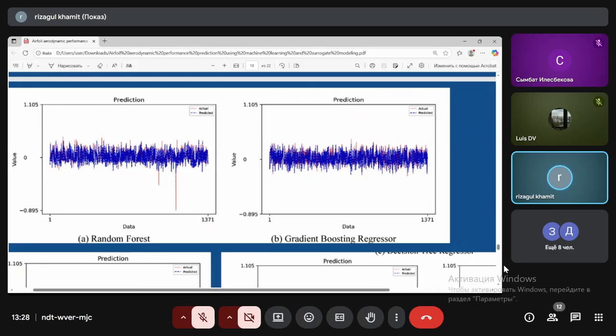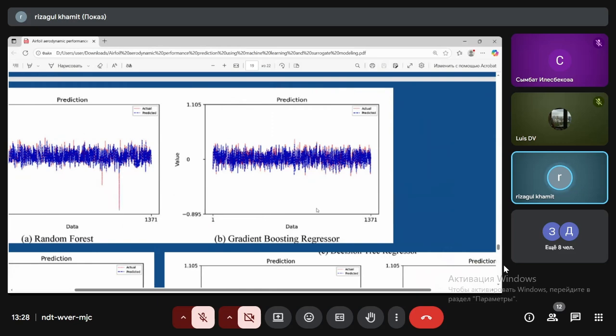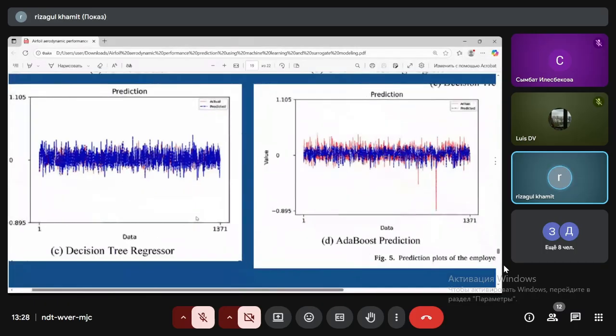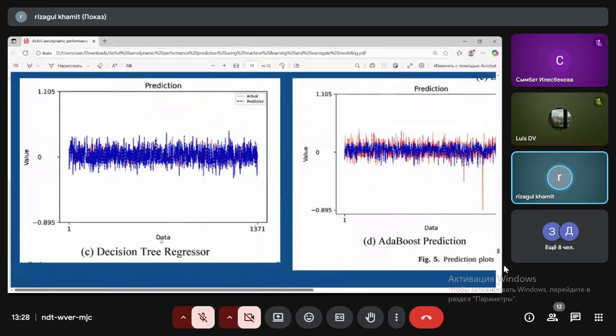Graph B is a gradient boosting regressor. Its predictions almost match the actual values with very few outliers. The model is slightly more accurate than random forest. Graph C is a graph of the decision tree regressor.